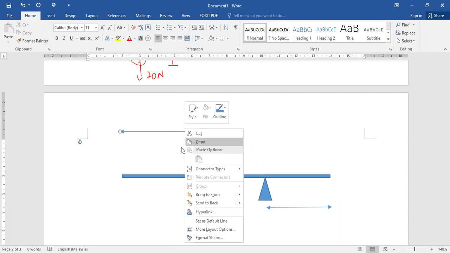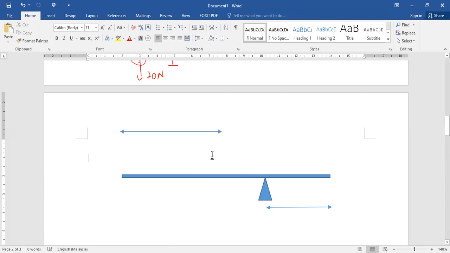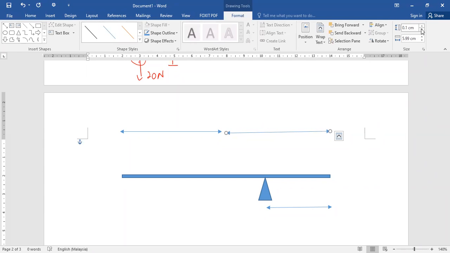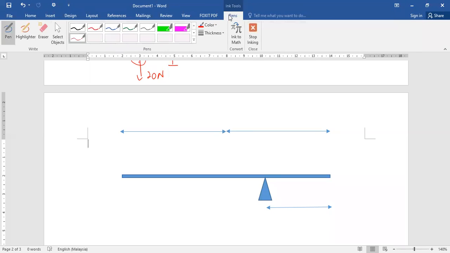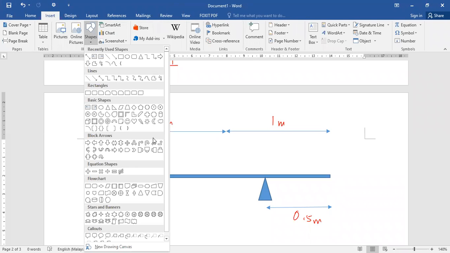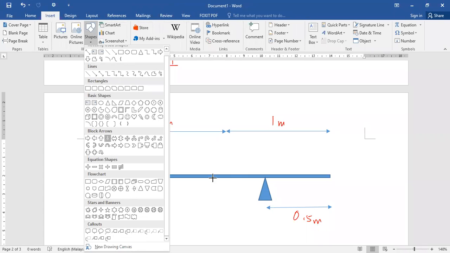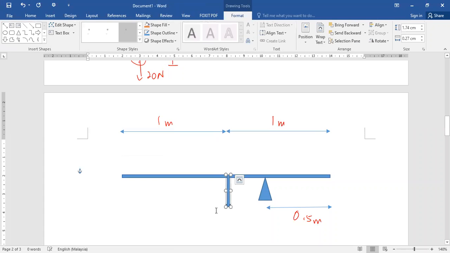If the total length is 2 meter, that means the distance of half will be equal to 1 meter each, right? And the weight of the object will be acting downwards.